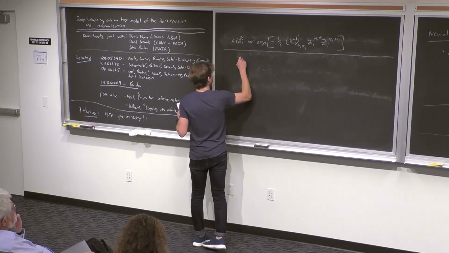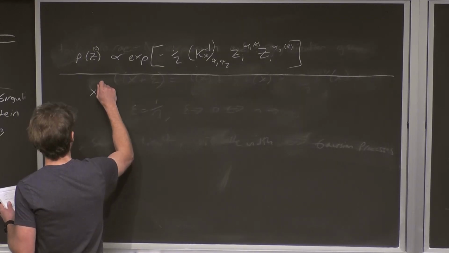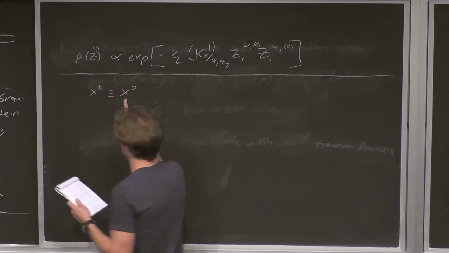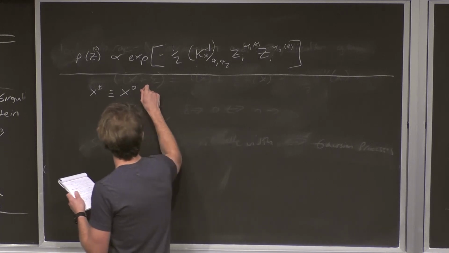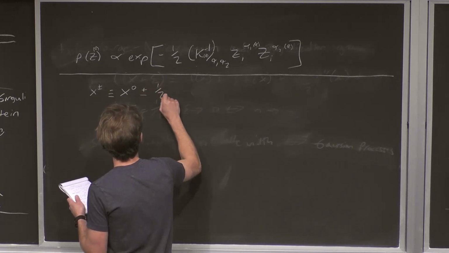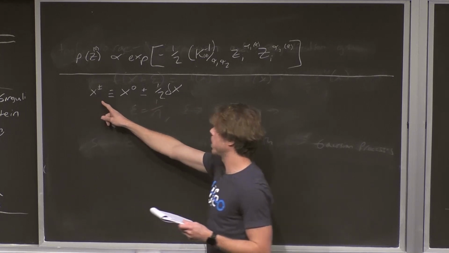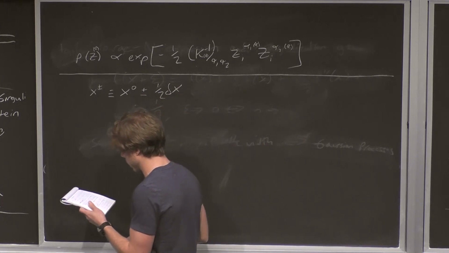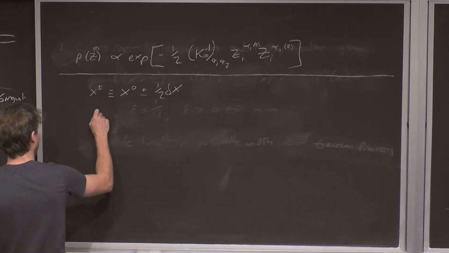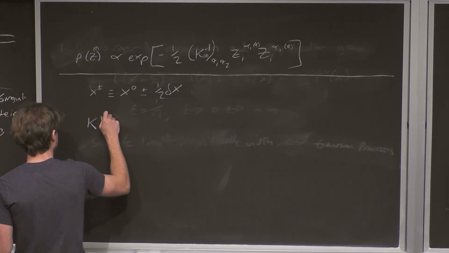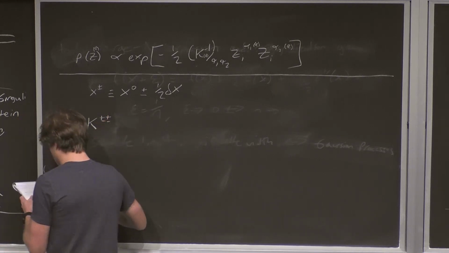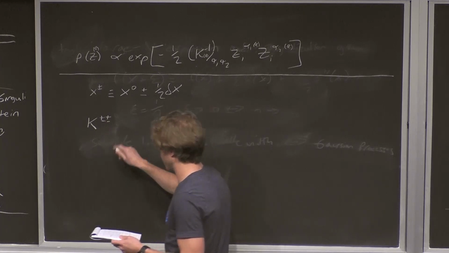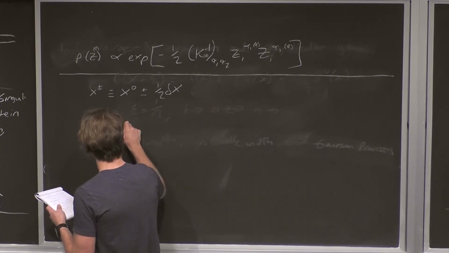So what I want to do is define two inputs, x plus and x minus, which are perturbed around some input x0. So x plus minus is x0 plus or minus 1/2 delta x. The objects of interest that we want to compute are the kernel that says how x plus and x plus correlate, or x minus and x minus.